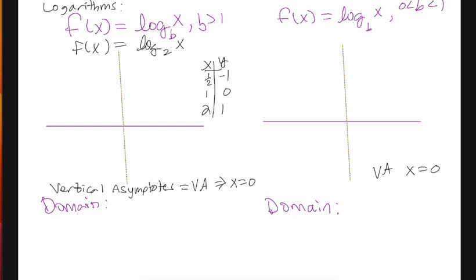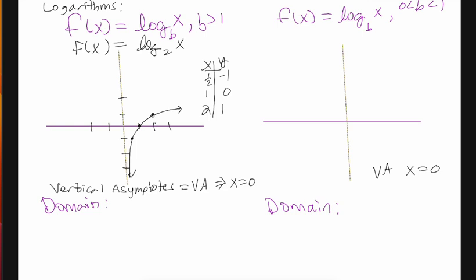So now we're ready to graph this. Okay, so I'm just counting by ones here. At 1/2, I am down at negative 1. At 1, I'm hitting 0. At 2, I'm at 1. So this time our graph skims down here, but then keeps going up.